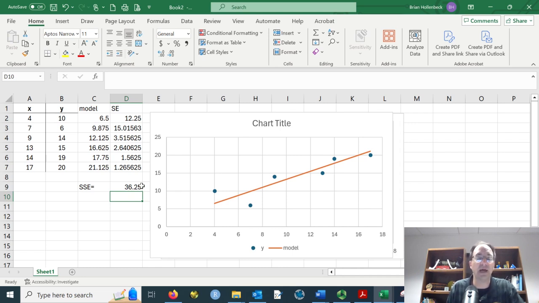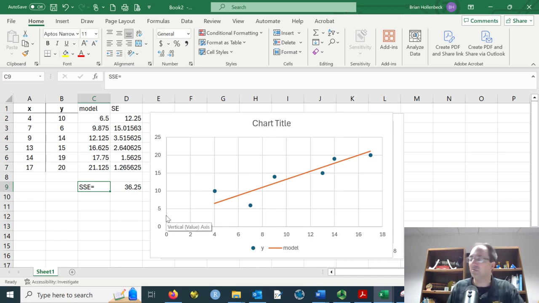So then that gets our units back. The other thing we could do is take the mean squared error instead of the sum of the squared error. And then we could have a little better understanding of that number in that sense. But if our goal is to just find the best model, it doesn't matter whether we square root or take the mean. SSE is as good as anything, and so we'll focus on that.